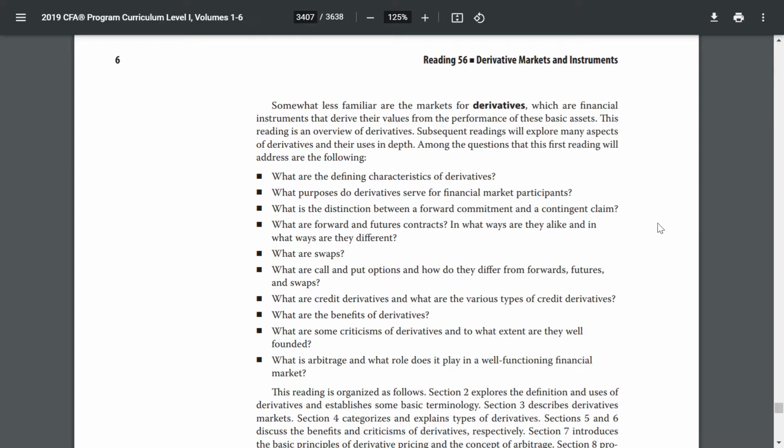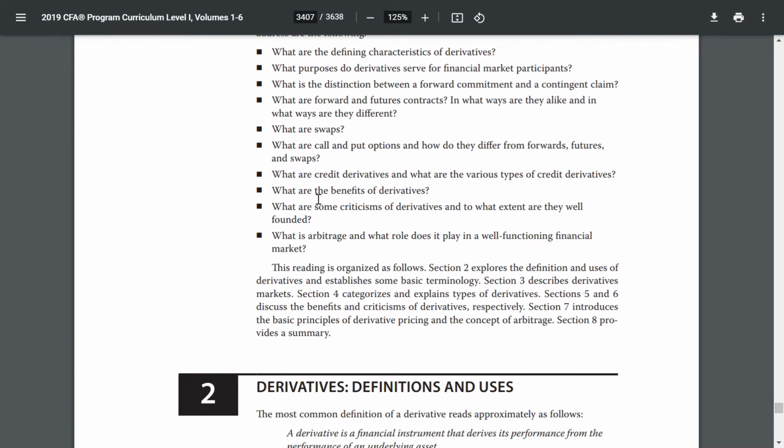What are swaps? What are call and put options, and how do they differ from forwards, futures, and swaps? What are credit derivatives, and what are the various types of credit derivatives? What are the benefits of derivatives? What are some criticisms of derivatives, and to what extent are those founded? What is arbitrage, and what role does it play in a well-functioning financial market?